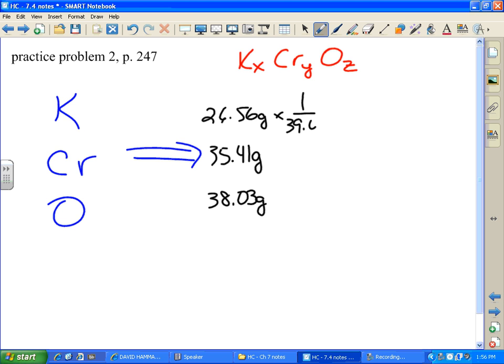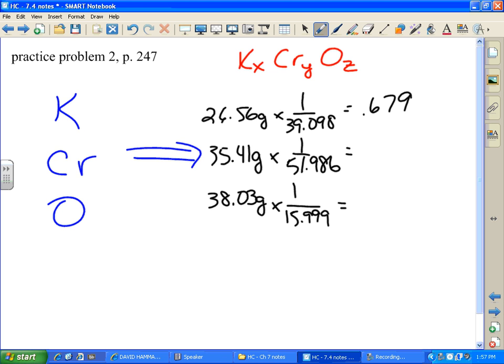Multiplied by 1 over their molar masses, 39.08 for potassium, the molar mass of chromium, and the molar mass of oxygen, we're going to get a couple of numbers that are very similar: 0.6793, 0.6811, and 2.377 for our mole amounts.